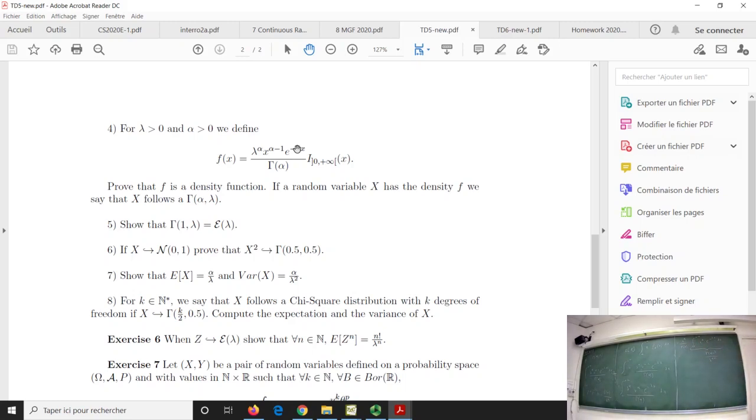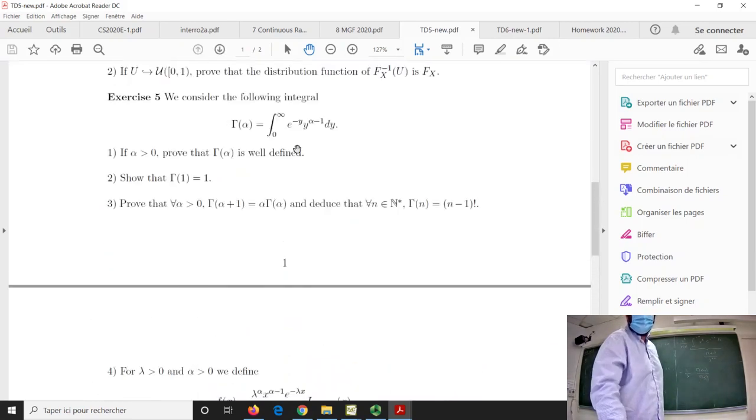And now it's finished. I can just simplify the lambda. Lambda to the power alpha divided by lambda to the power alpha plus 1 is just 1 over lambda. And then it remains gamma alpha plus 1 over gamma of alpha. What is this? It's something I have already computed. So let's come back to the beginning of question 3.